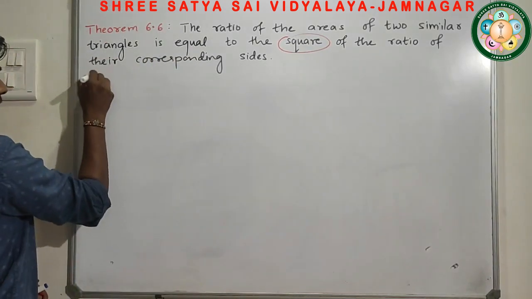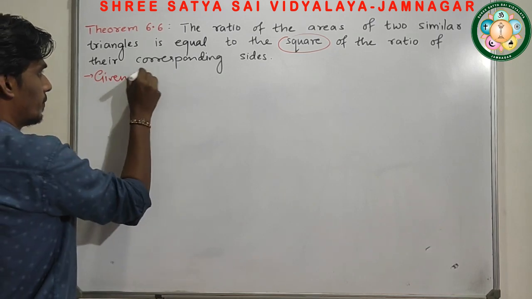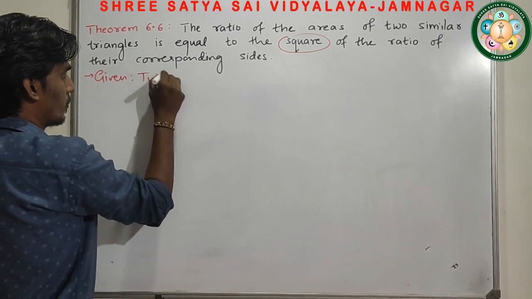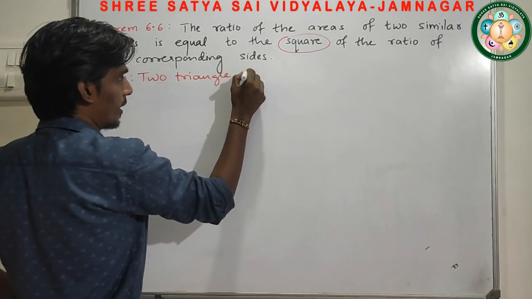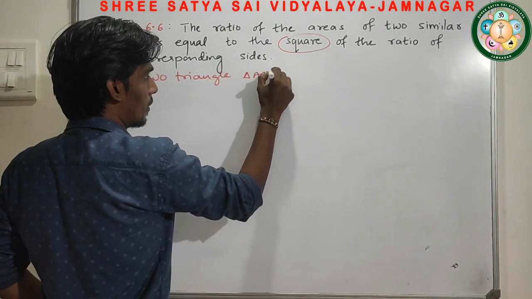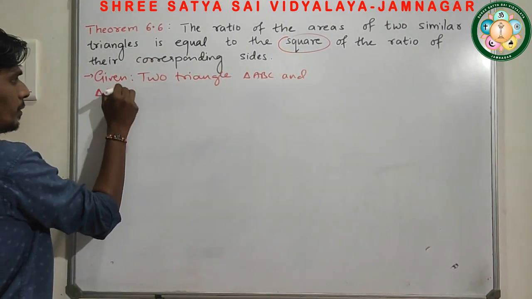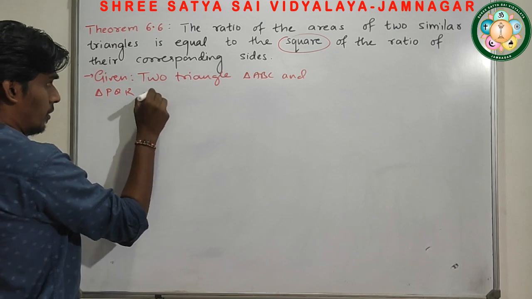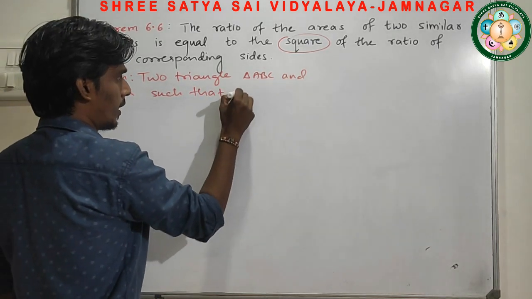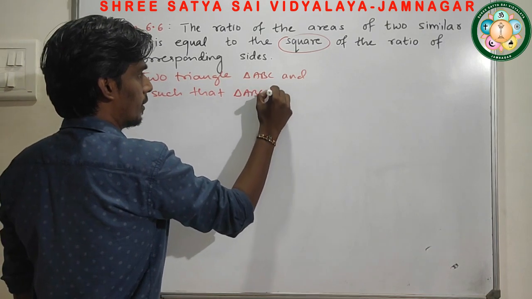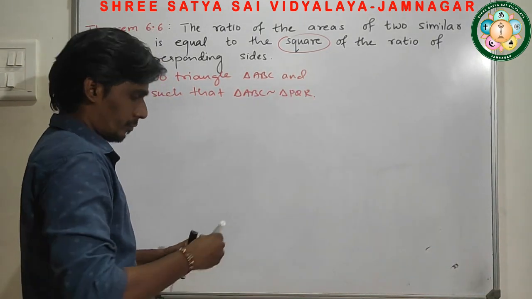So first of all, we write given: two triangles, say triangle ABC and triangle PQR, such that triangle ABC is similar to triangle PQR is given.